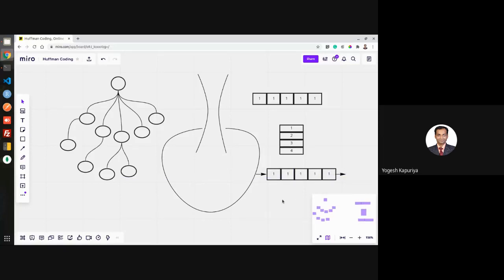Right? Let's say you have a linked list. Again, linked list is another linear data structure. Here also, the access mechanism is always going to be linear.